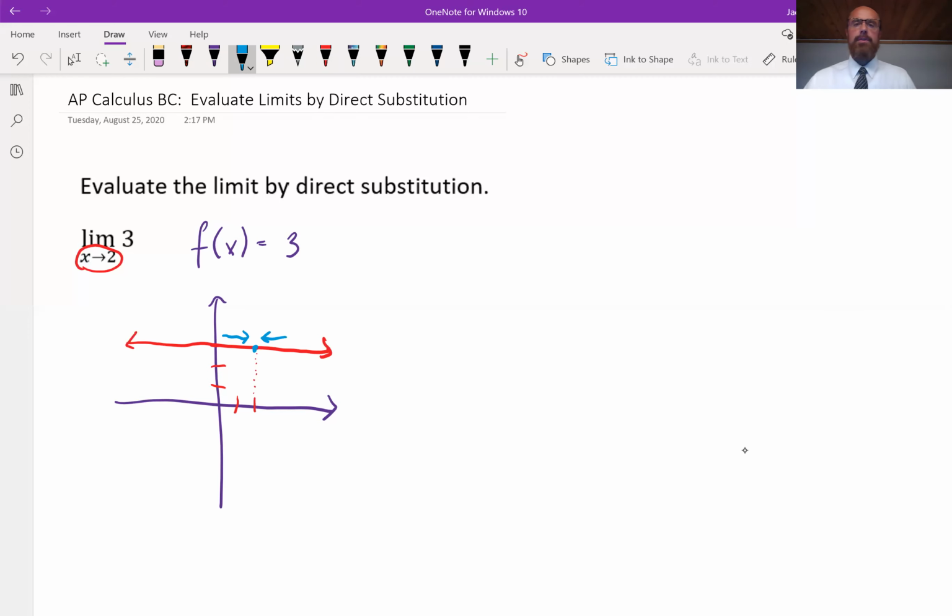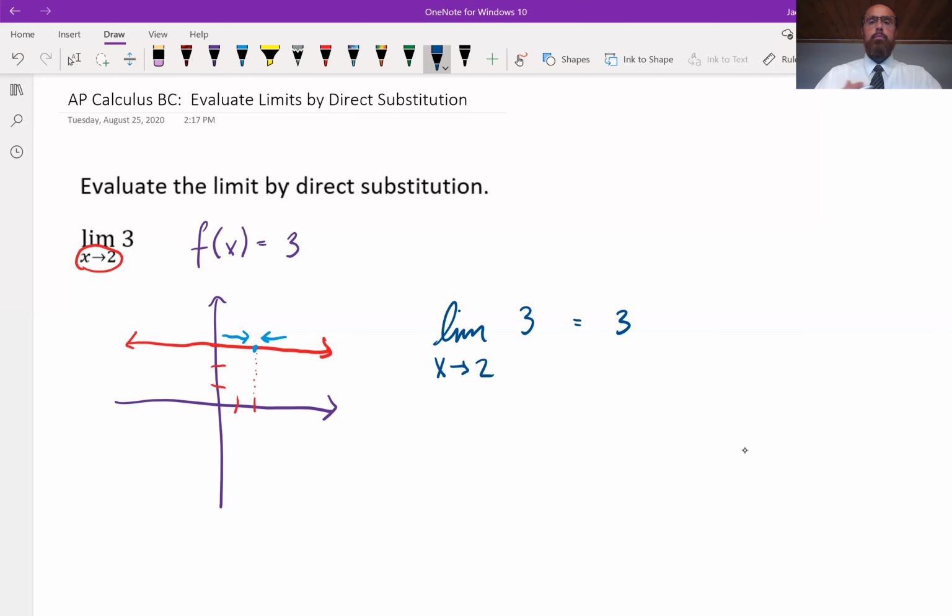Now we're in luck for this type of function, f of x equals 3. From the left, as x gets close to 2, we are approaching 3. And from the right, as x approaches 2, we're also approaching 3. So for this function, the way that we can evaluate is by writing the limit as x approaches 2 of the function 3 equals 3.